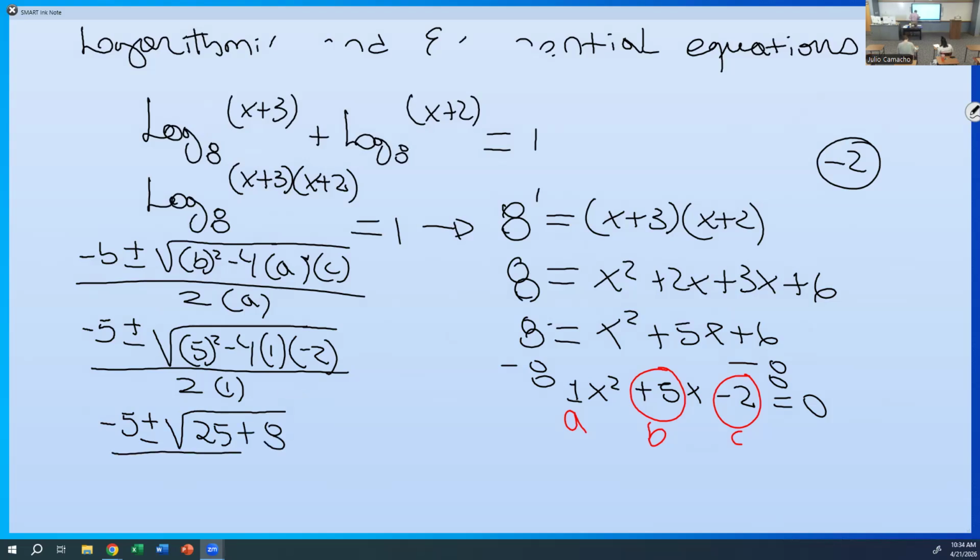And all this over 2. If we simplify that, it would be negative 5 plus or minus the square root of 33 over 2. And that is as far as we can go.